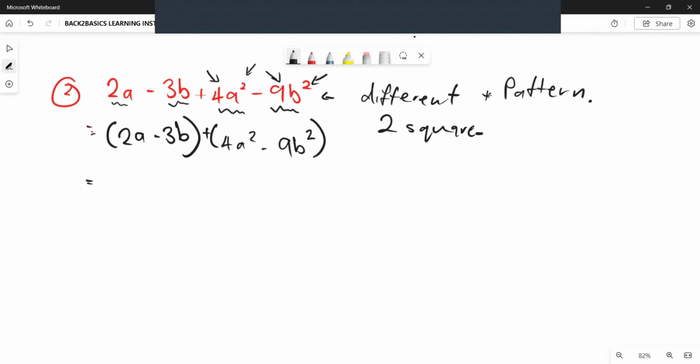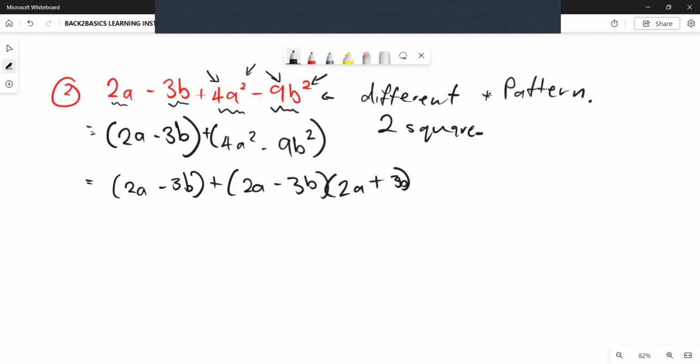And now from here, since you had a difference of 2 squares, what is this going to be? Now this is still the same as 2a subtract 3b. There's nothing important there. But look here, you have 4a squared. What is the square root of 4? This is the same as 2a subtract 3b, or this is the same as 2a plus 3b, because this is your difference of 2 squares.